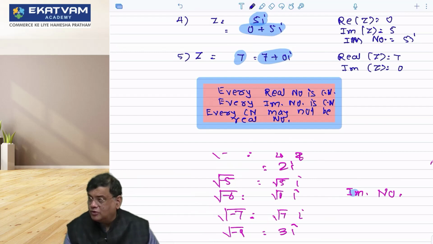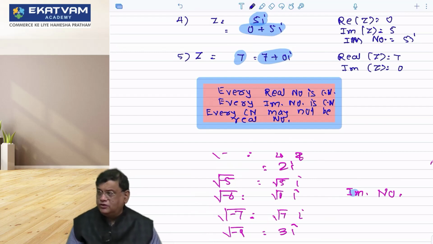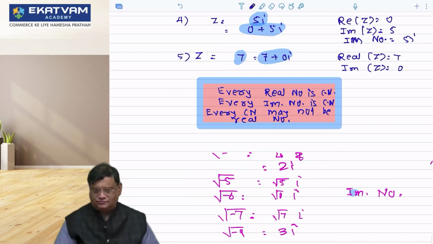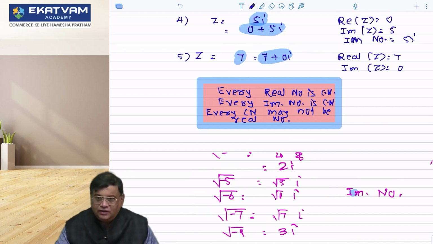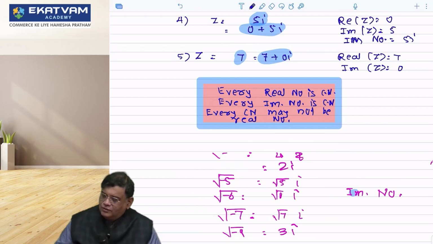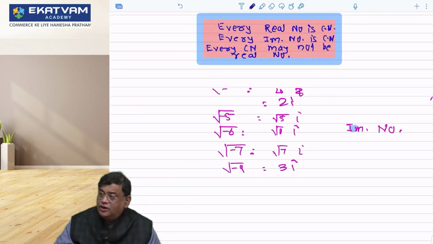Did you understand this doubt? Each crow is black, but each black thing is not a crow. It can be a buffalo as well. So what do you mean by a complex number? One real number and one imaginary number.